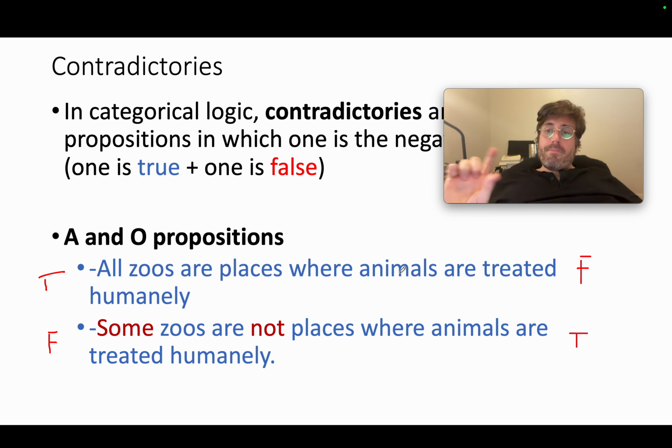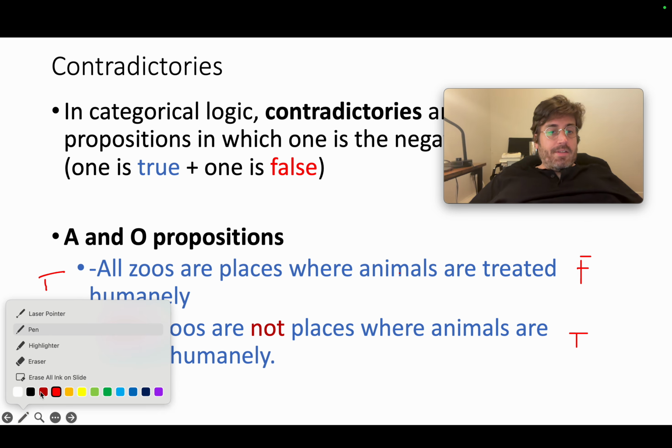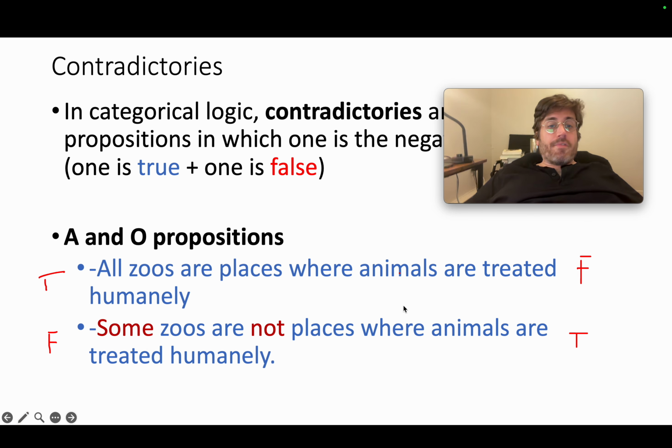Okay, so try not to think so much about the empirical content of the premises, but just try to think about the transformation and the relationship of A to O as being a relationship of contradiction with opposing truth values. Okay, so that is the first set of categories that are in a relationship of contradiction.